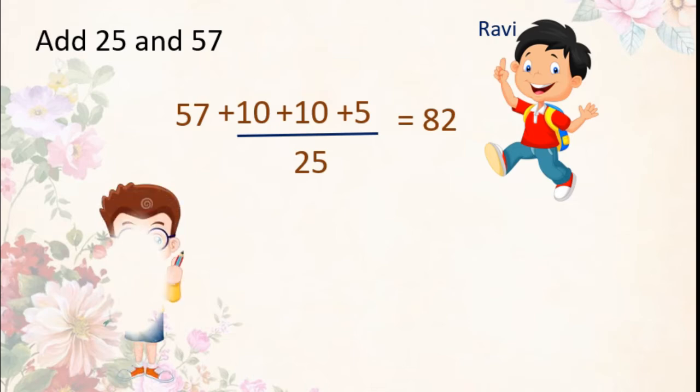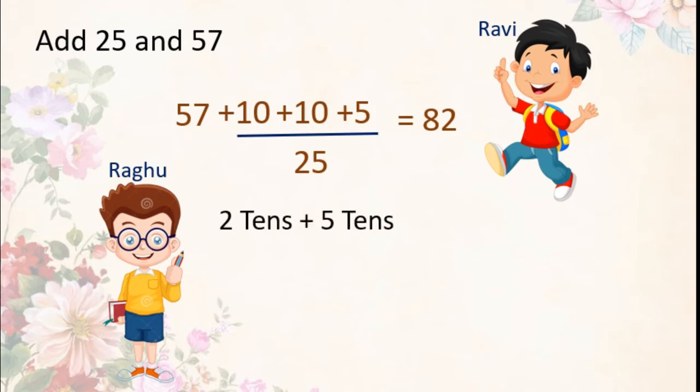Now one more student is there. His name is Raghu. Raghu will use his method. Which method is he going to use? We'll see. Here he did 2 tens plus 5 tens. He added tens, and he will add, I think, units. 2 tens plus 5 tens is equal to 7 tens.